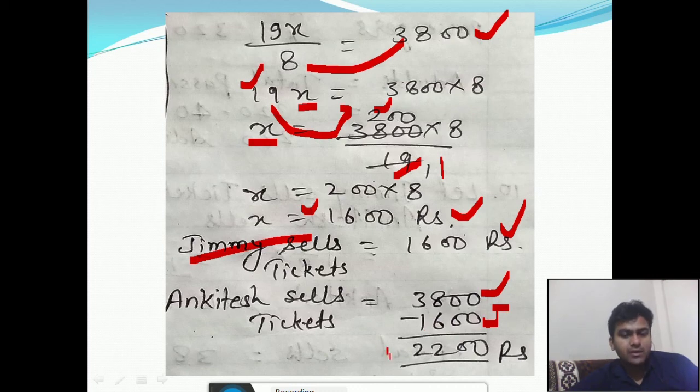By this we will get the worth of tickets sold by Ankitesh. So Ankitesh sold 2200 and Jimmy sold 1600. So we got both the answers. Jimmy sold tickets worth 1600 and Ankitesh sold 2200.